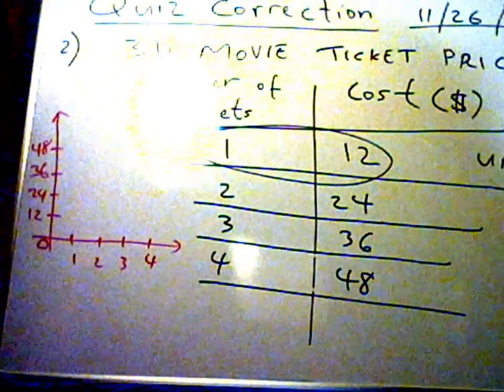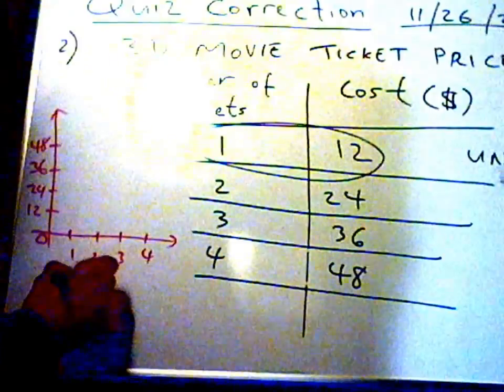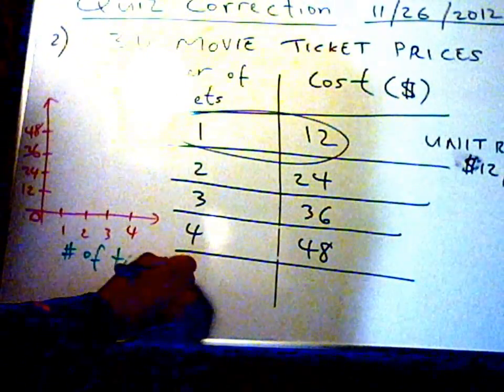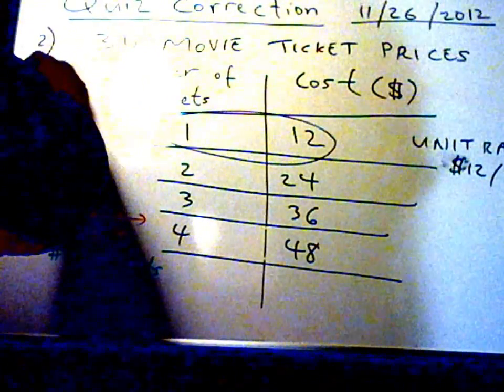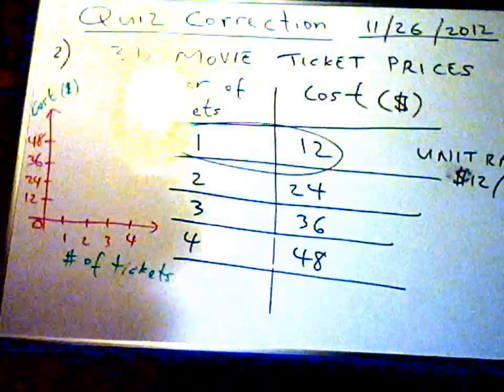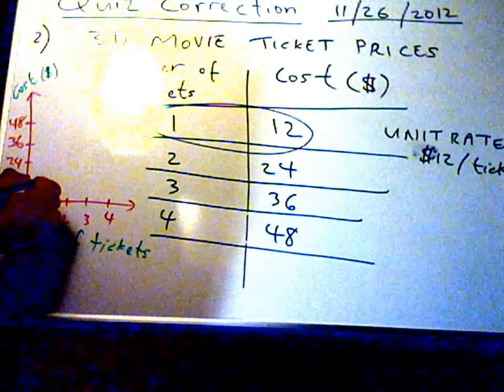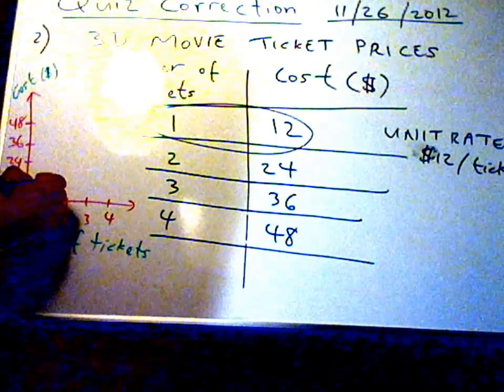So this represents here the number of tickets. The number of tickets is on the x-axis, and the cost in dollars is on the y-axis. So right here I have the point (1, 12).